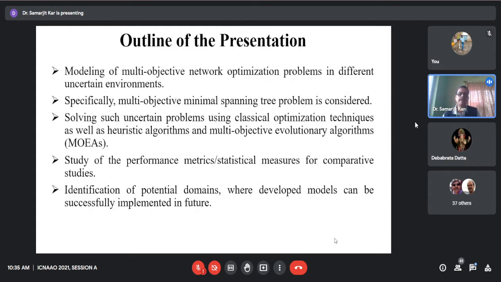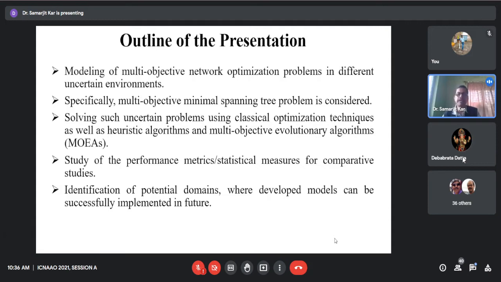There are already a few works in different uncertain domains for minimal spanning tree problems, like fuzzy-based minimal spanning tree problem and fuzzy rough minimal spanning tree problem. But there are very few works on the multi-objective domain, especially in network optimization problems.